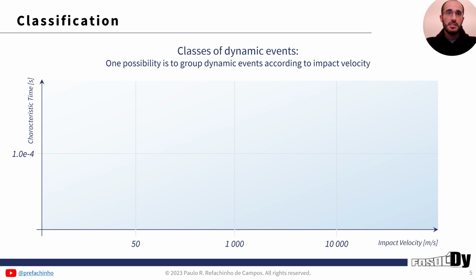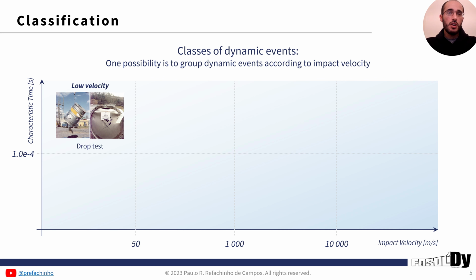So as the first group of dynamic events, we will have what we call a low velocity impact. And one possible example in this category would be a drop test. So let's say we have a drop test of a container for a chemical product, for example, as illustrated in the figure.